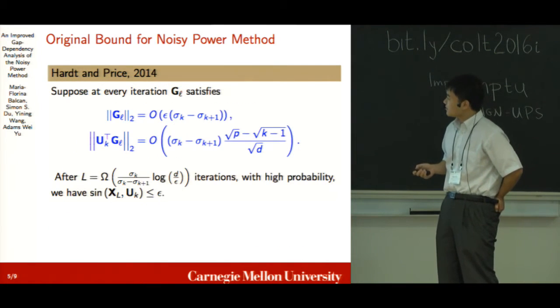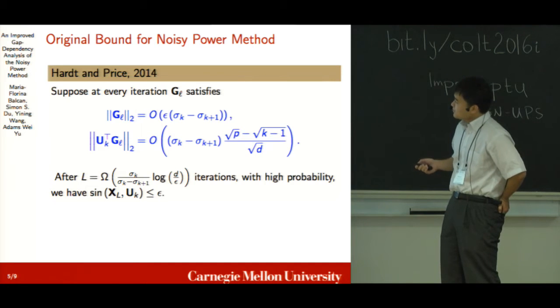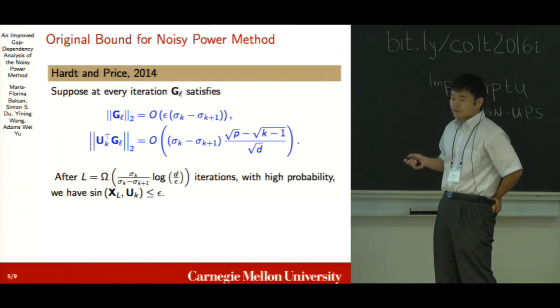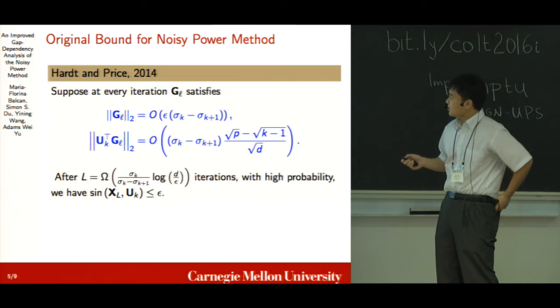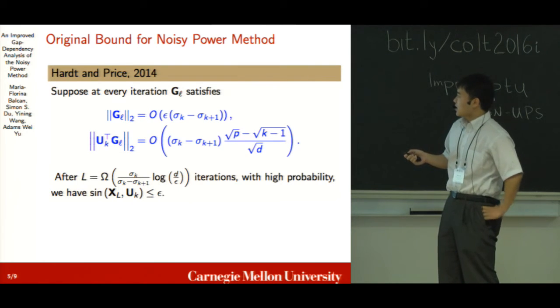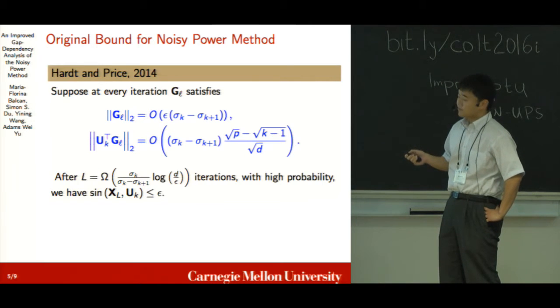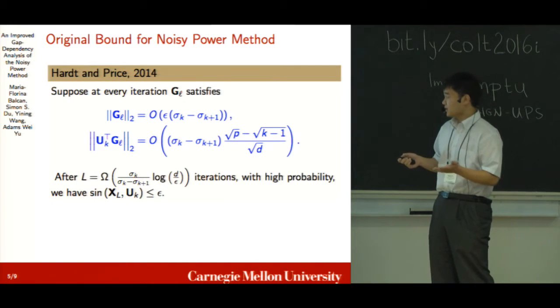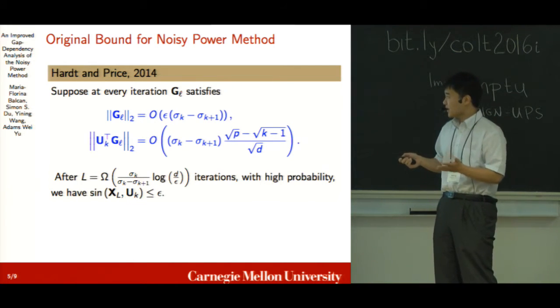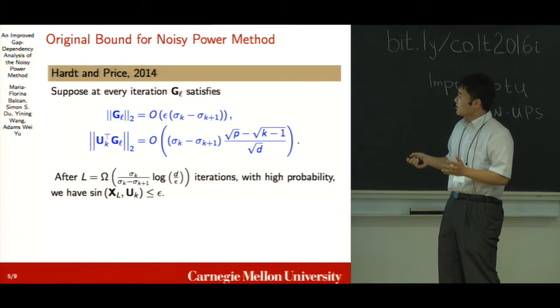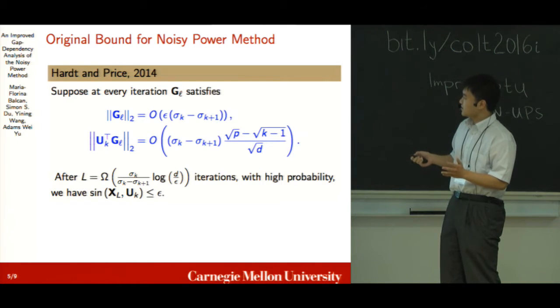In their paper, they have this theorem. If the noise strength is on the order of epsilon times sigma_k minus sigma_{k+1}, which is the consecutive spectral gap, and if you project the noise matrix onto the first K eigenvector space, the noise strength should be at most in this order.